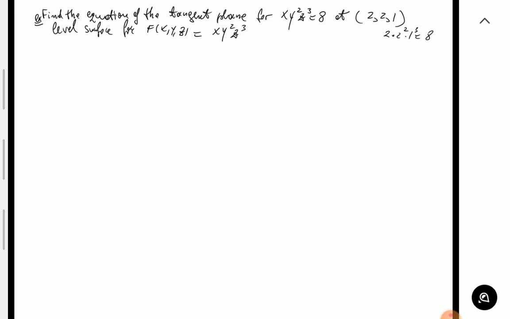All right, what did we establish before? We established that the gradient of F is the normal to the tangent plane.